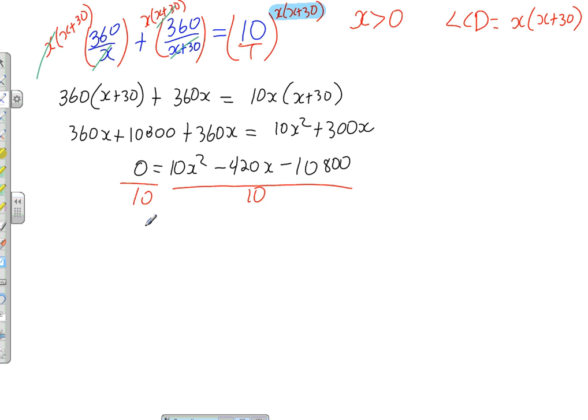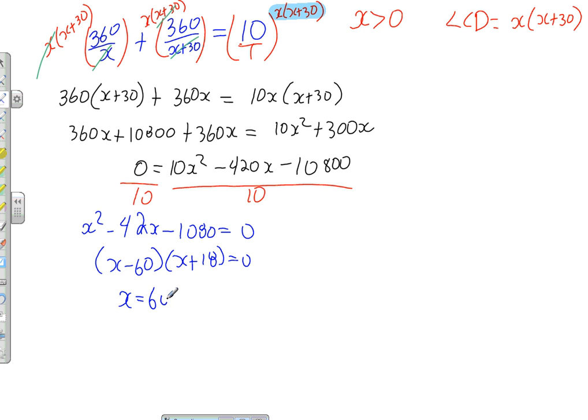Okay, at this point, we've got x squared minus 42x minus 1080 equals 0. Refactor, which factors into x minus 60 and x plus 18 equals 0. So either x is equal to 60 or x is equal to negative 18.